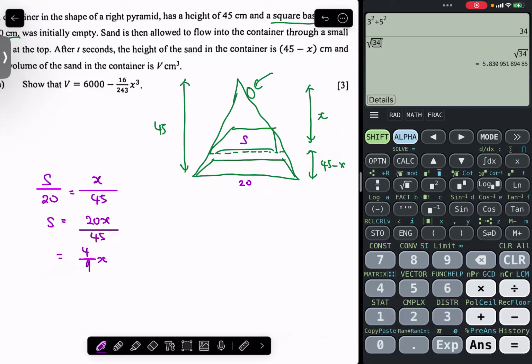Now volume, why? Because the volume is in terms of x.